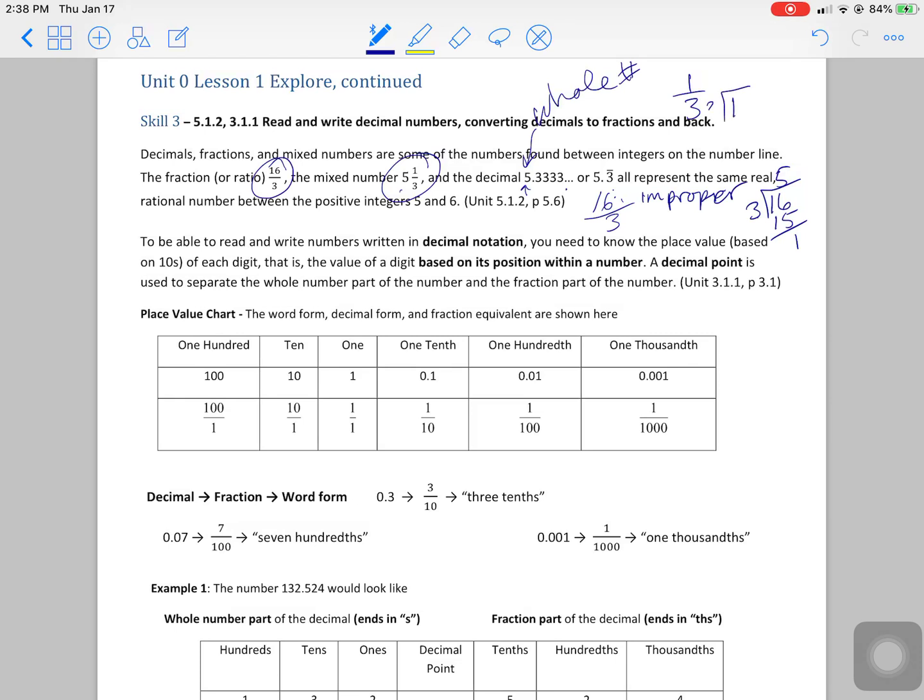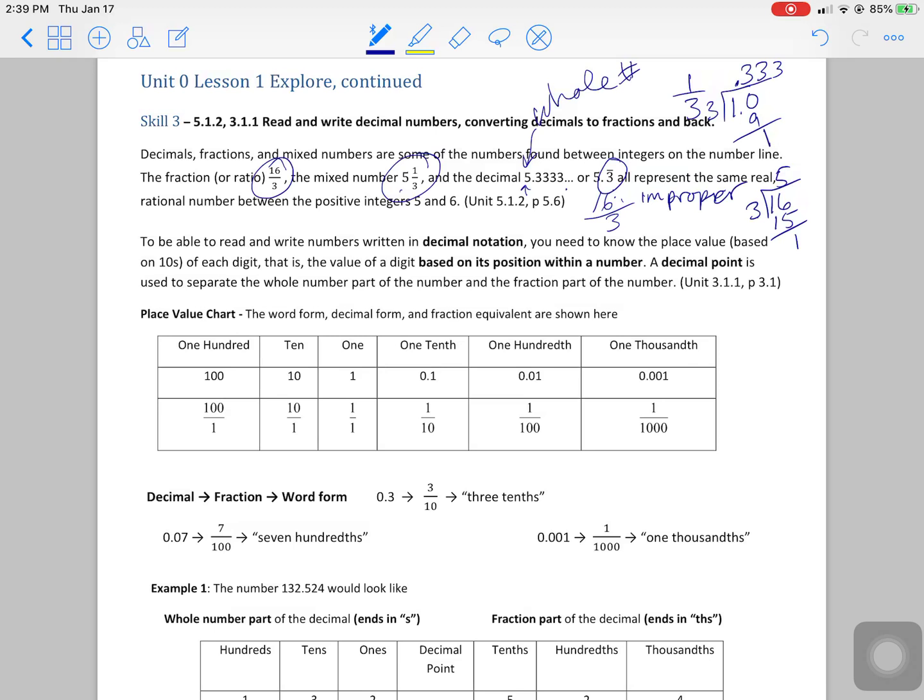1 divided by 3 goes in 3 times. That gives you 1, and it'll keep giving you 1, so you're going to get a repeated 3. So another way to write that is the 3 with the bar over top. So 16 over 3, 5 and 1/3, and 5-point repeating 3 are 3 different ways to write the same exact number.